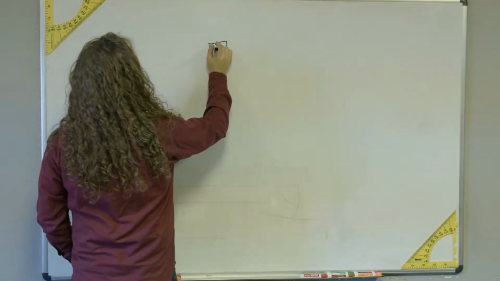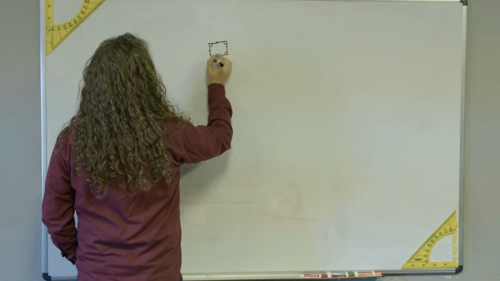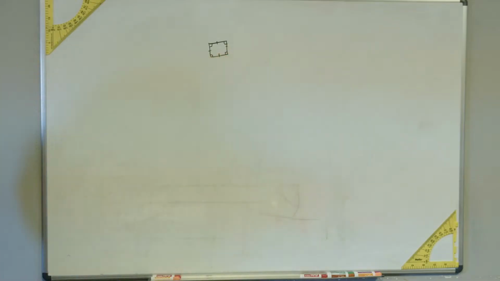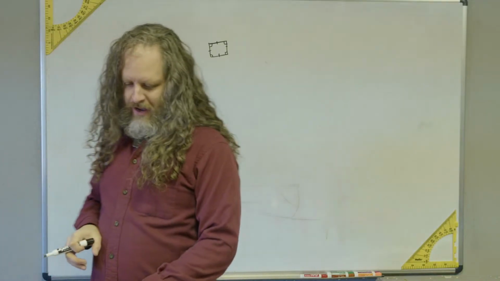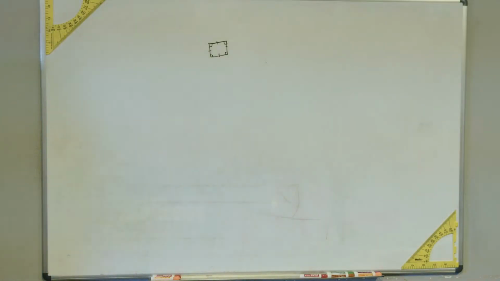So the full definition for a square is a parallelogram with four sides congruent and all four right angles. You could have a shorter definition of a square: it's a rectangle with all four sides congruent, or it's a rhombus with all four angles congruent.